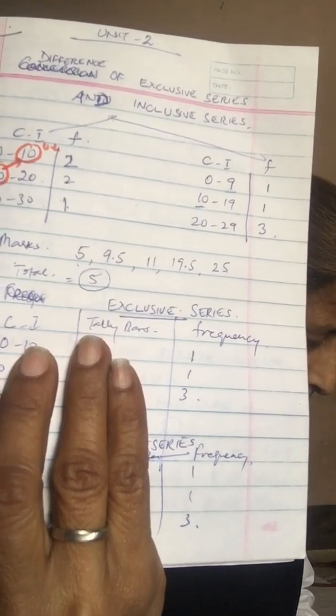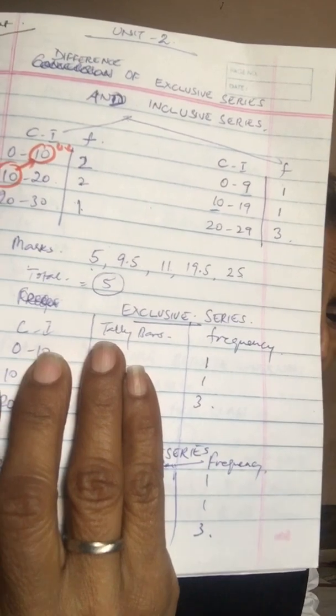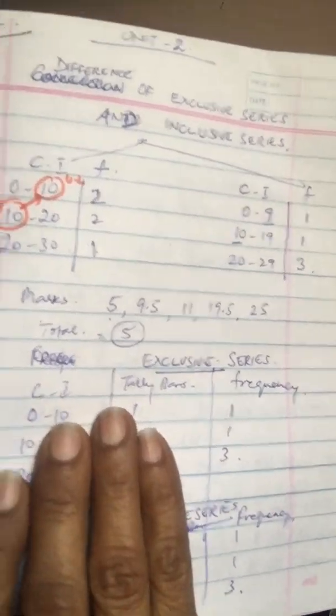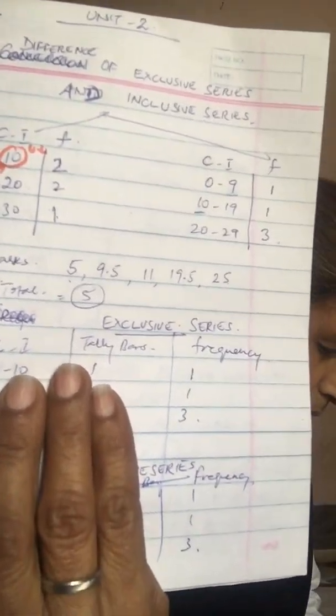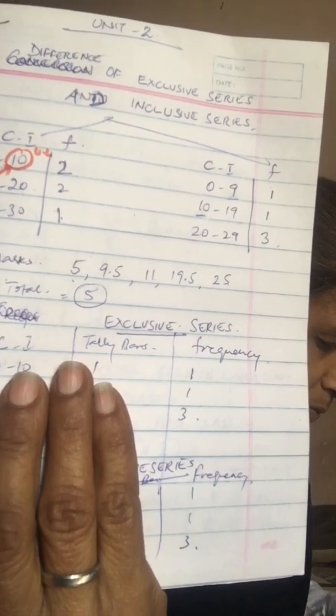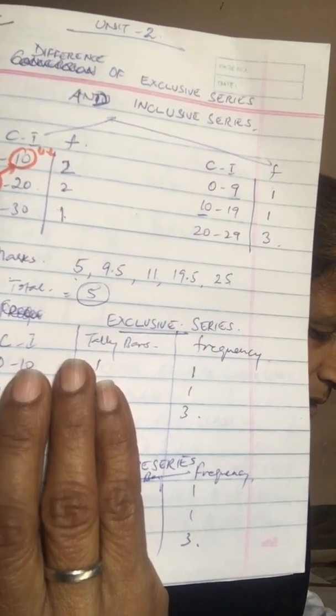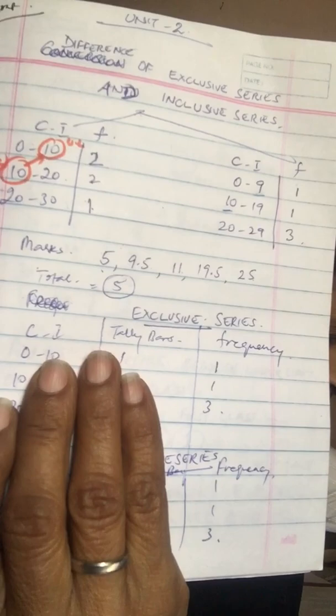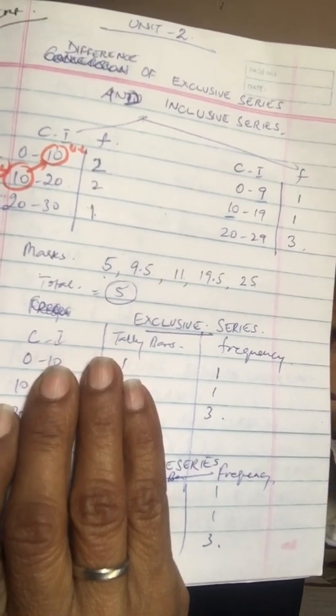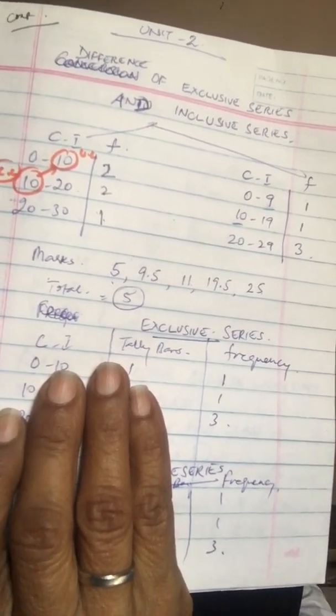So now, the exclusive method is important in all cases, whether the value is a complete number or in fractions. But the inclusive method is useful only when the value is a complete number.